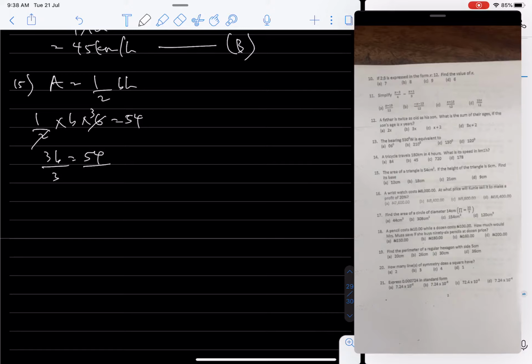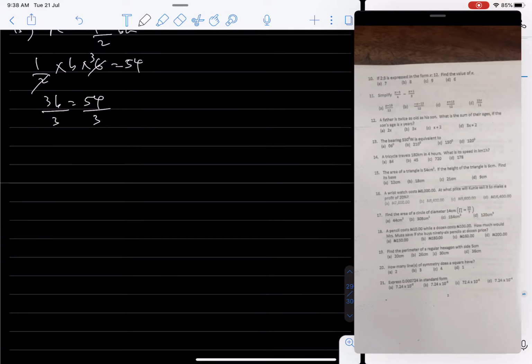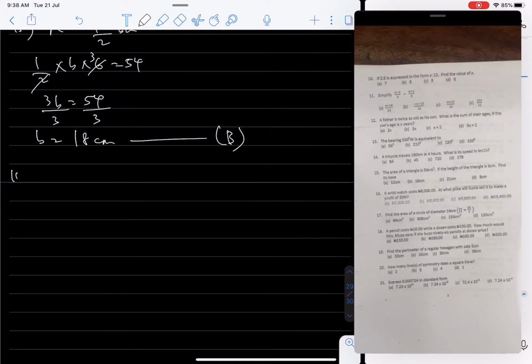We divide both sides by 3 to get b, and that means b equals 18 centimeters. So the base is 18 centimeters, which is B.